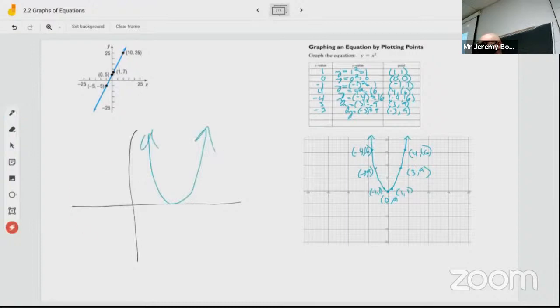And so even if we had chosen some negative numbers, they're just going to be way up here. So what you need to get is where the bottom of it is happening. There's a name for that, and we'll learn it later, and the size. So when we talk about quadratic functions, you'll learn how to make sure that you graph that correctly. There is a method to do it, but at the level we're at right now, it's just pick some points and go from there.